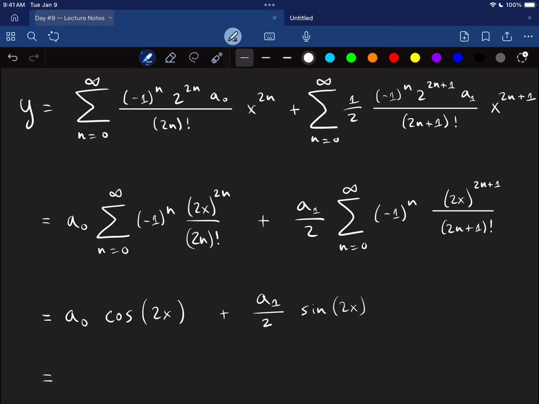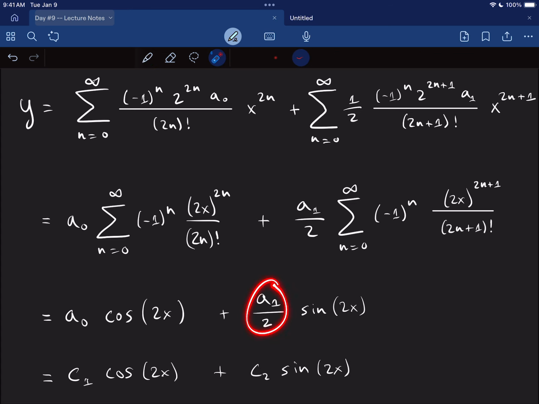And as you might expect, I'm going to call A naught C1, and I'm going to call A1 over 2 C2. Just renaming the constants, right? This is a constant. I can totally just rename it to whatever I want. So I rename it to C2.